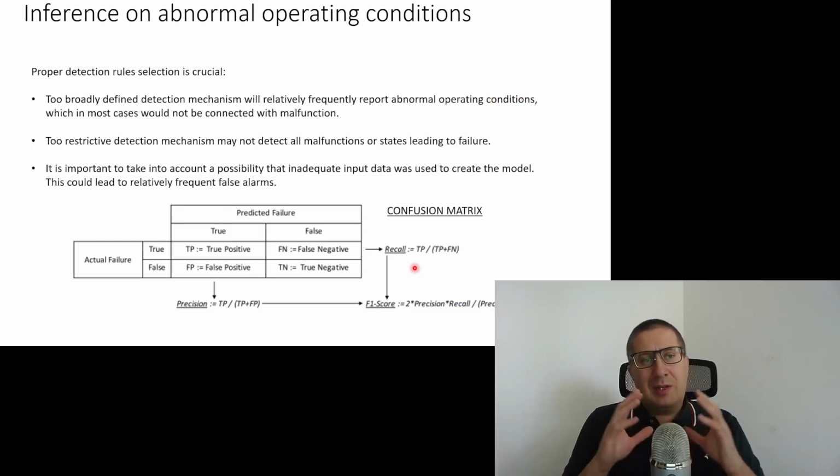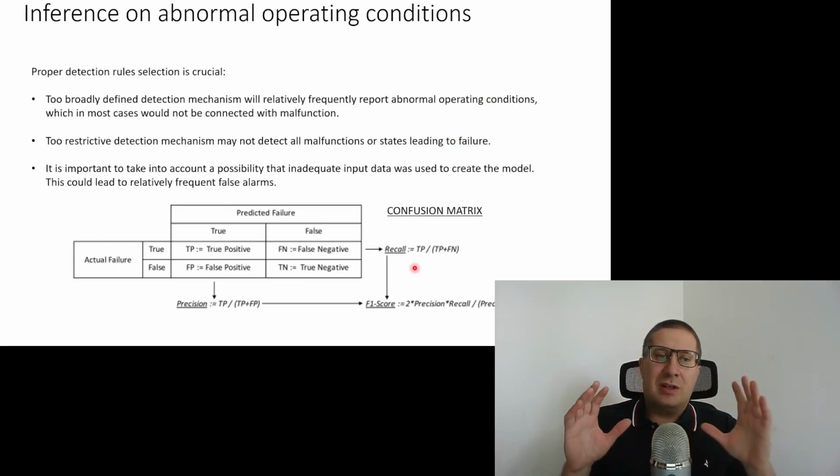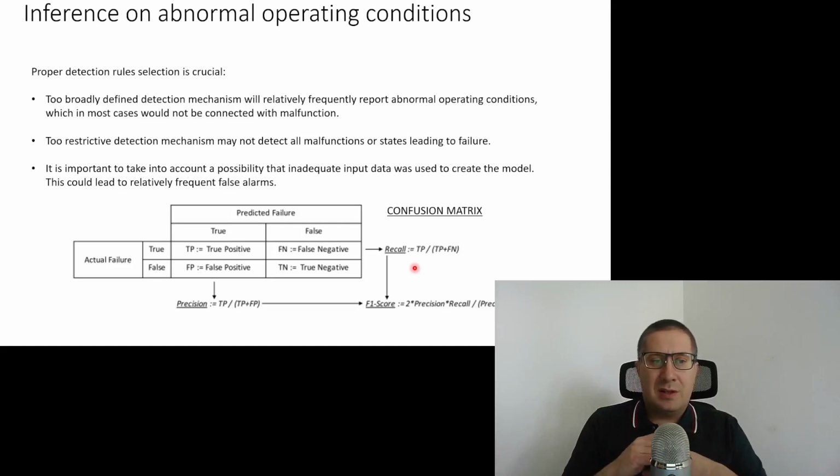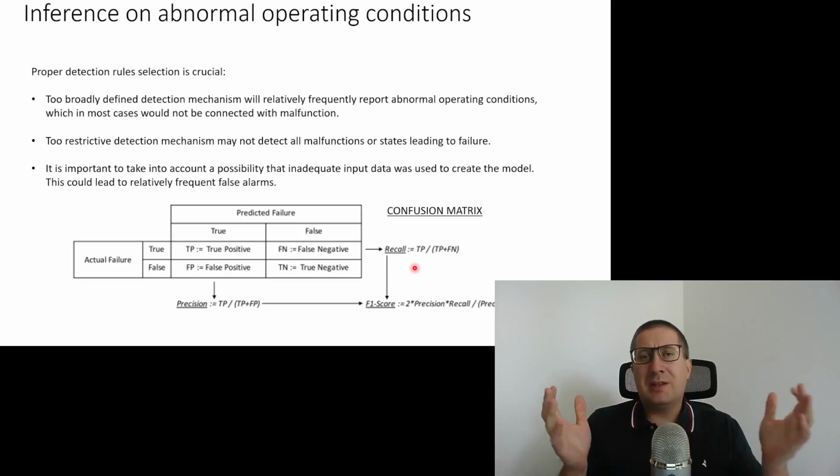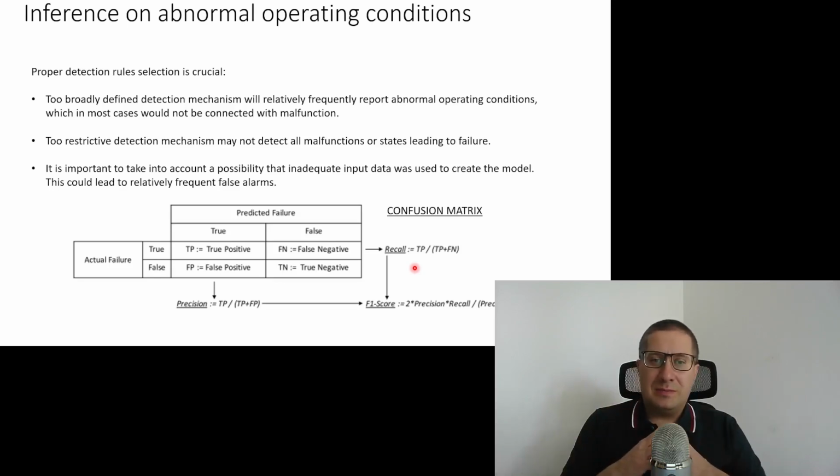And please remember that the proper definition of those thresholds, the proper definition of those detection rules is crucial. If we define the detection mechanism too broadly, we will relatively frequently inform the operator about abnormal operating conditions.